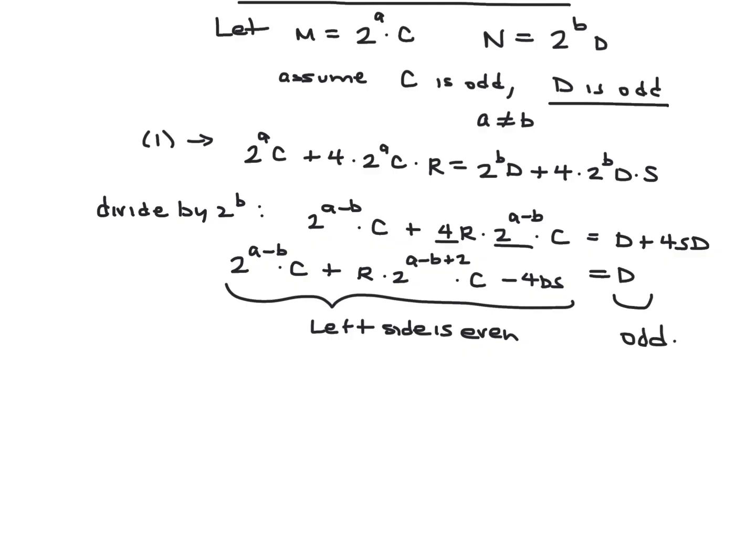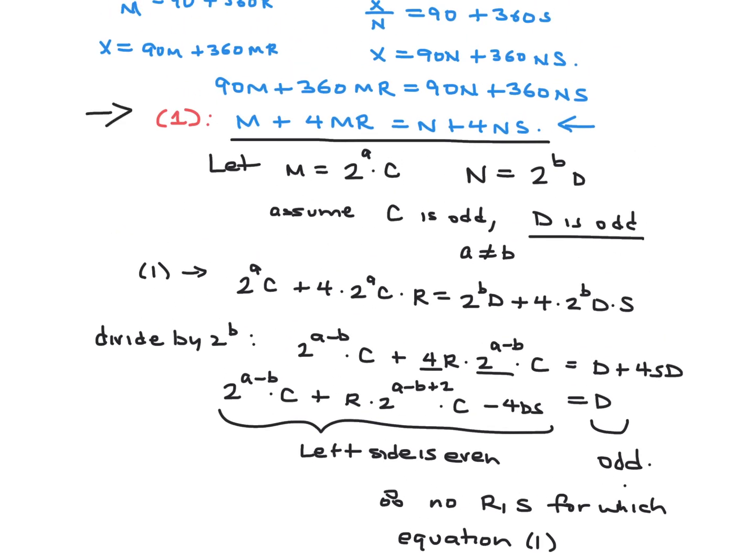So left side is even and right side is odd, so this falls apart. So therefore there are no values of r or s for which equation 1, this one up here, is true.